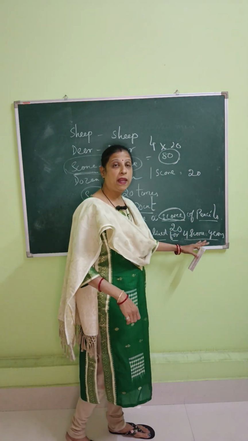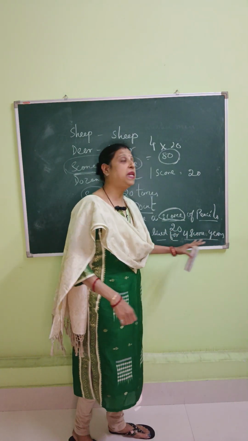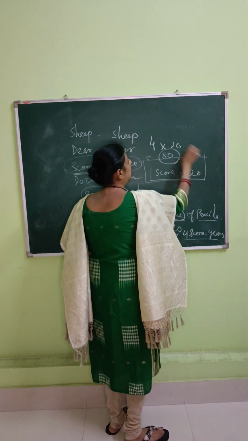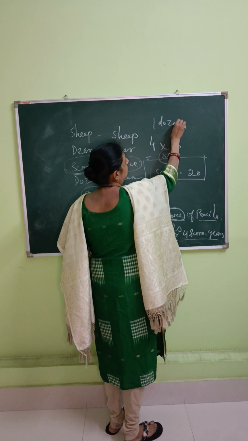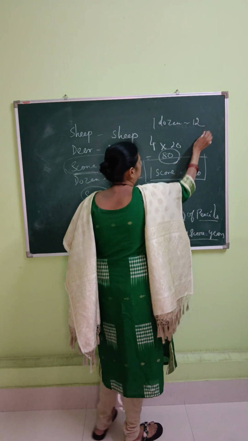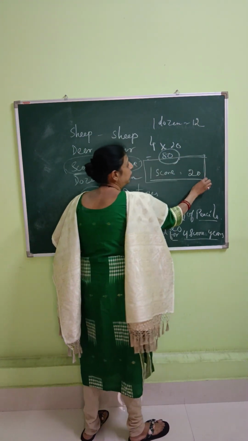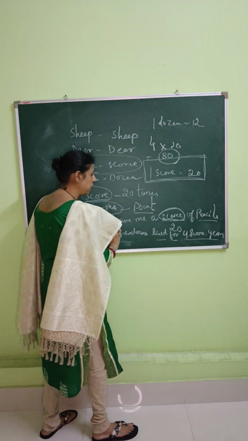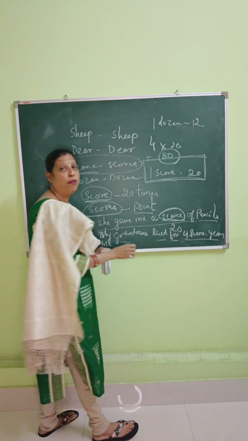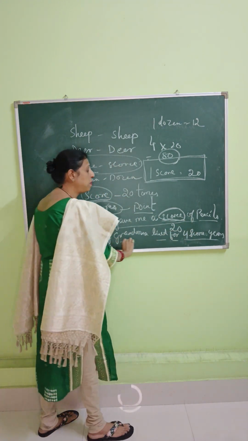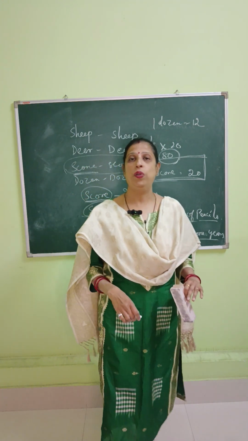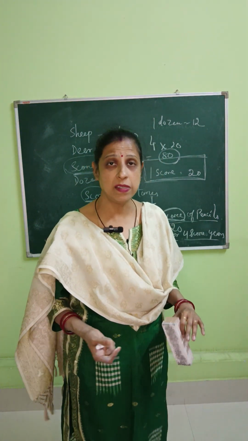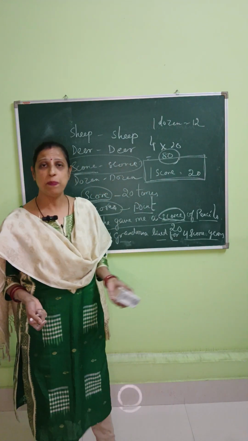So, here again, 4 score means 1 score is equal to 20. Like 1 dozen is equal to 12. Here, 1 score is equal to 20. So here we can say she gave me a score of pencils. My grandma lived for 4 score years. That means my grandma lived for 80 years, or she gave me 20 pencils.